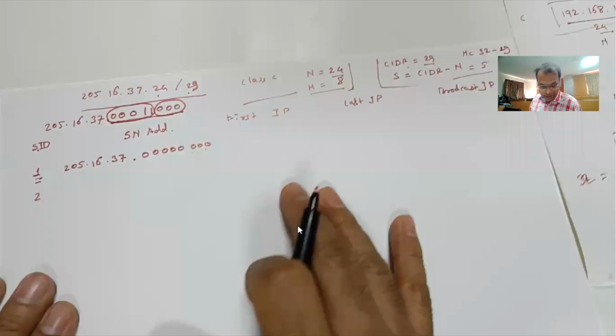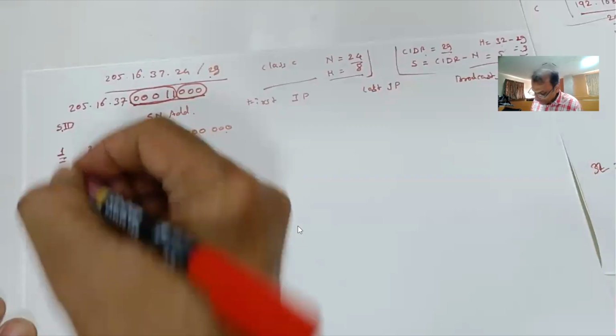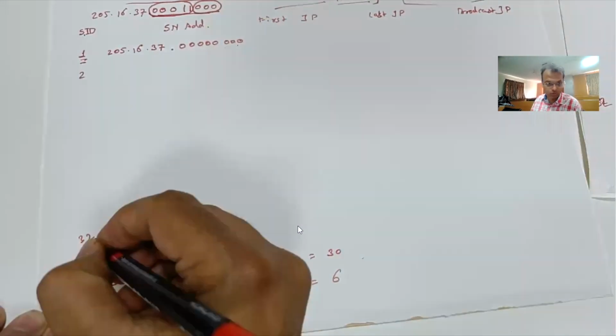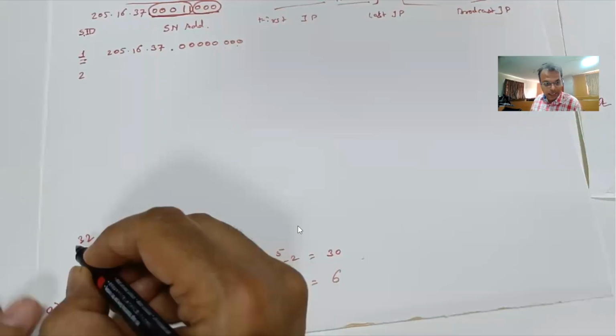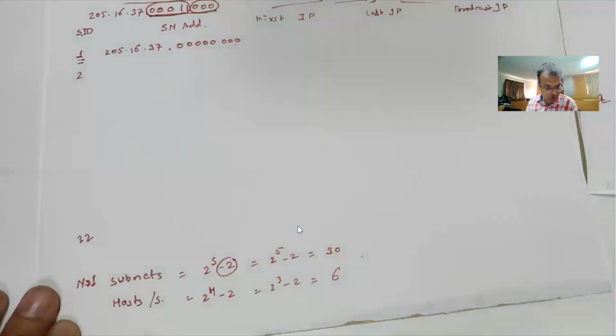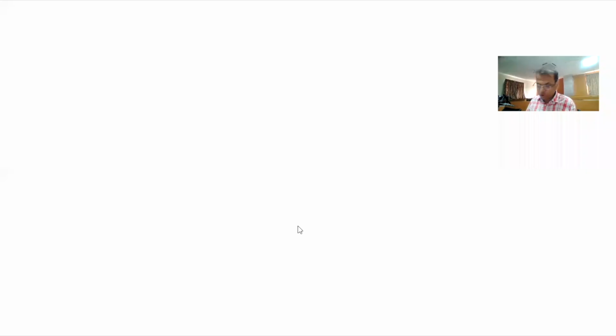Let us try to find out all 32 subnet addresses here, 1 to 32. And then why to subtract these two, when to subtract these two, when not to subtract these two, I will tell you after we solve this example.